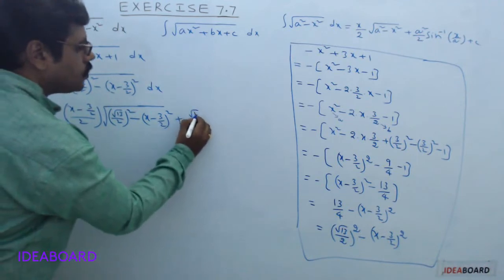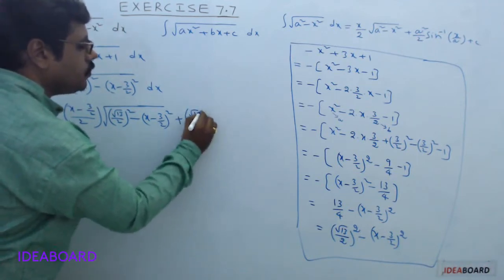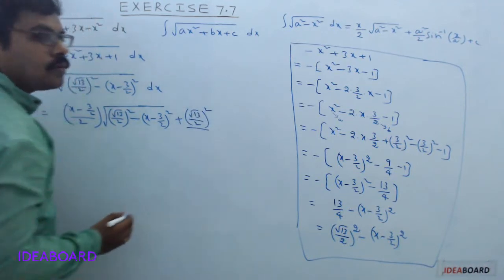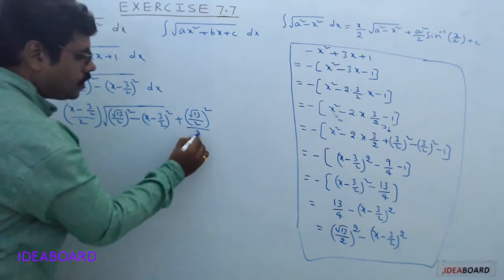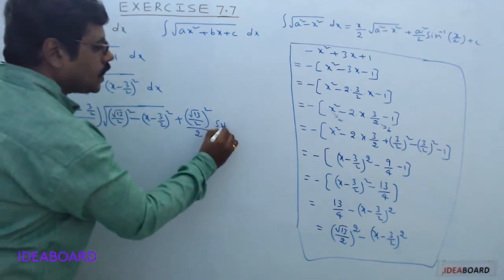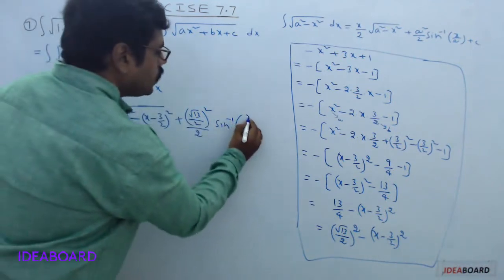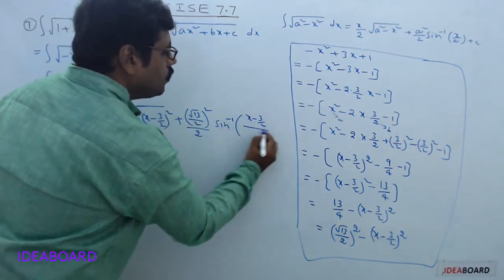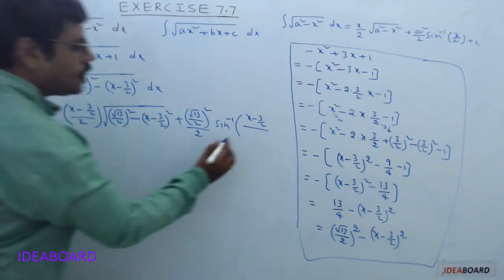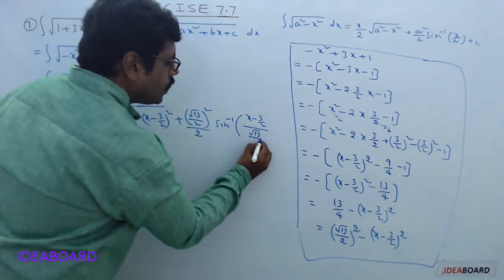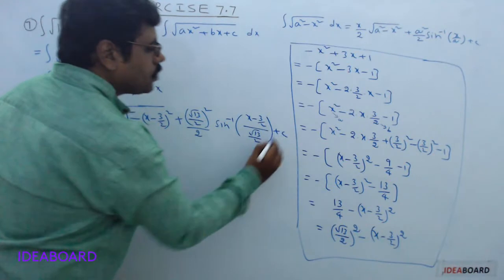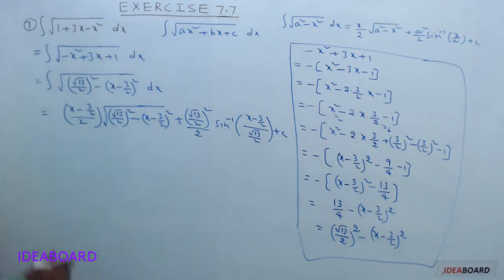A value root 13 divided by 2. So a square root 13 by 2 whole square divided by 2, sine inverse of x. Your x value x minus 3 by 2 divided by a value root 13 divided by 2 plus a constant c.